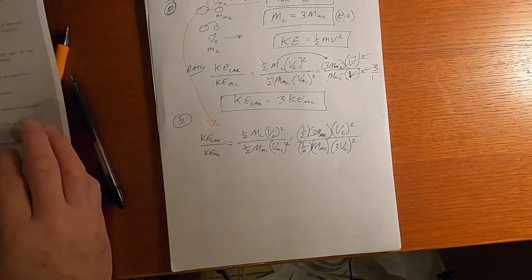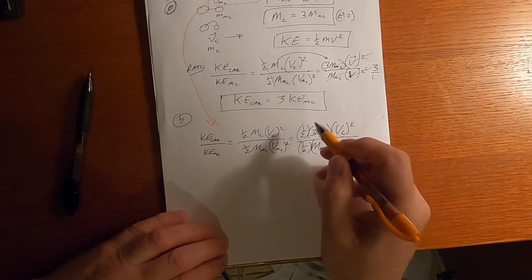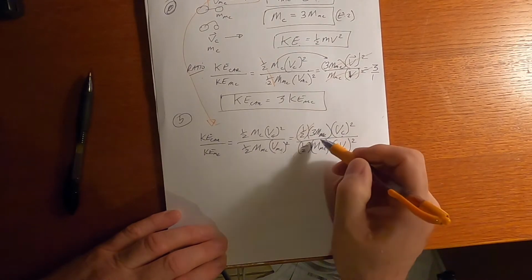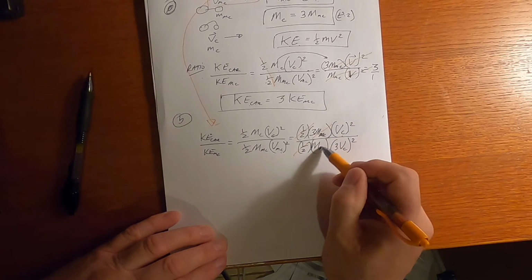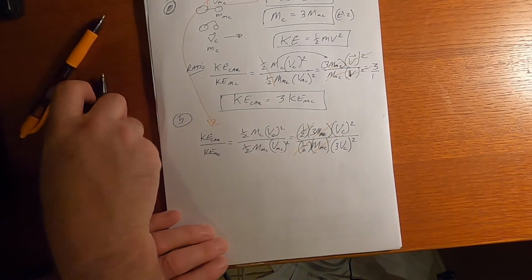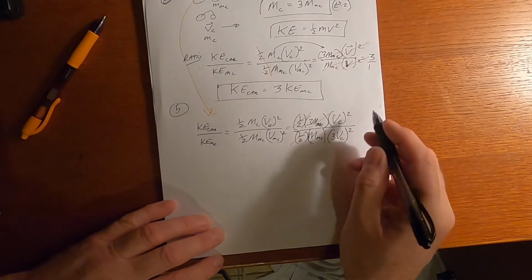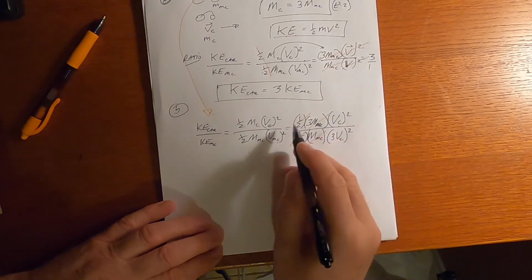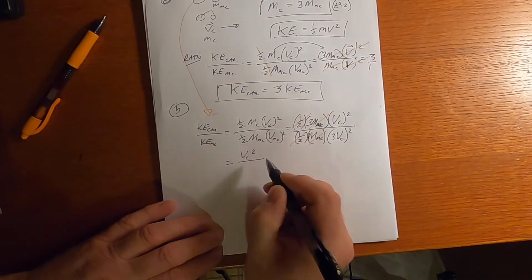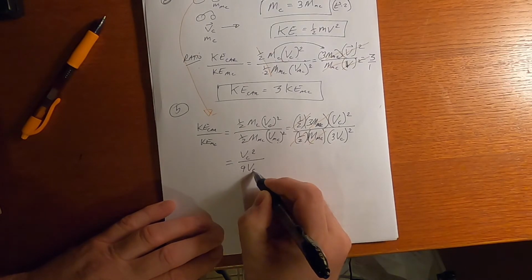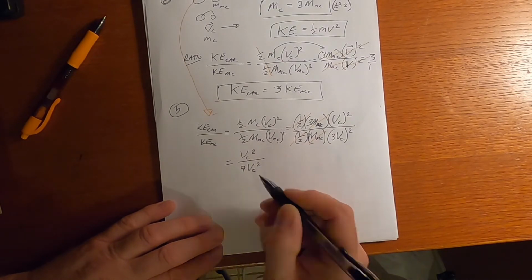All right, now we can get rid of some things. I see the 1/2 is gone. The mass of the motorcycle falls out. And we still have yet to square this, so we get velocity of car squared over 9 velocity of car squared.